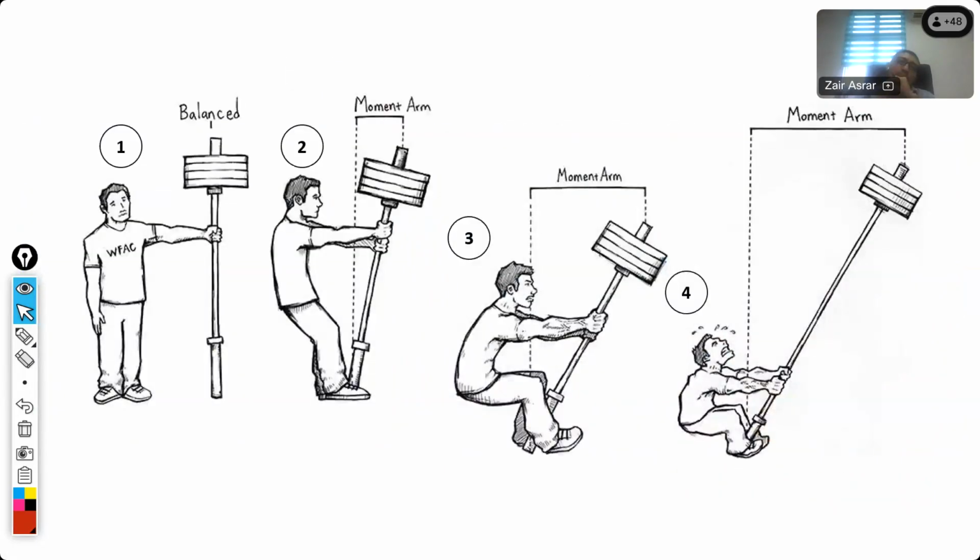So let us go back to our discussion about moment. We have here 4 cases. In the first case, we have the guy holding a weight, which is attached to this pole. In this case, the weight itself, let's say the center of gravity is here, is pointing downward, and all the forces are being transferred to the ground.